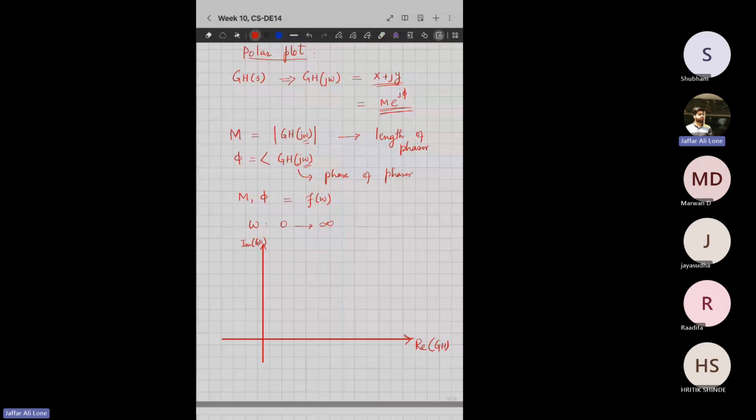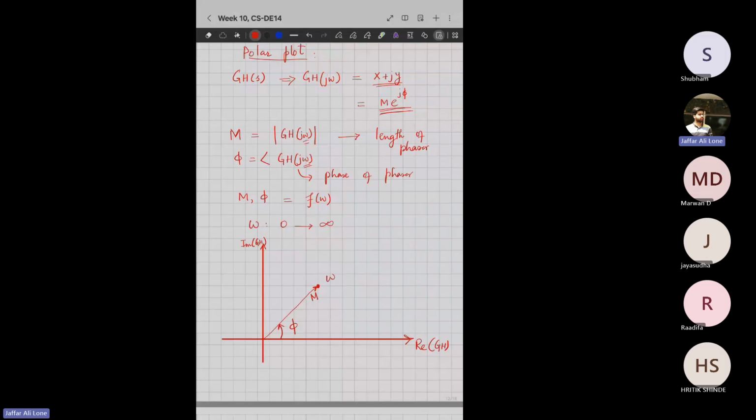If we are drawing a phasor, we have a complex number, and this complex number will be represented in phasor form like this. It has some magnitude, which is given by this length, and an angle it is making. So this is my M, this is my phi, and this is my complex number.